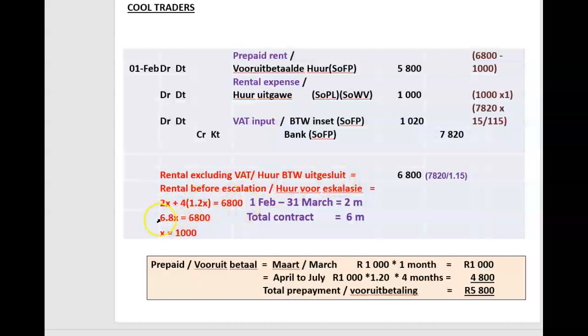Grade 3 maths then, I can actually find the value of X. I only have one unknown in this whole formula, so X equals 1,000 Rand.